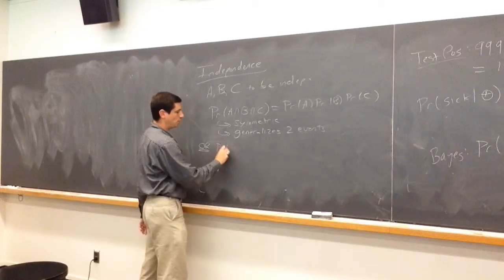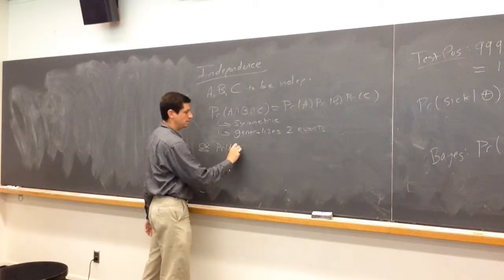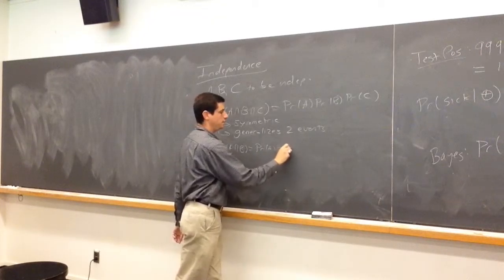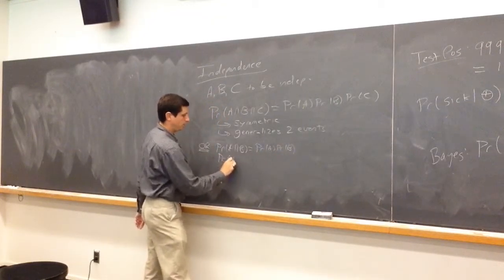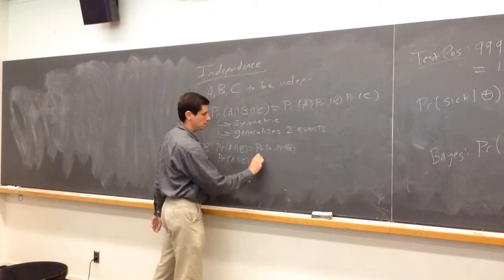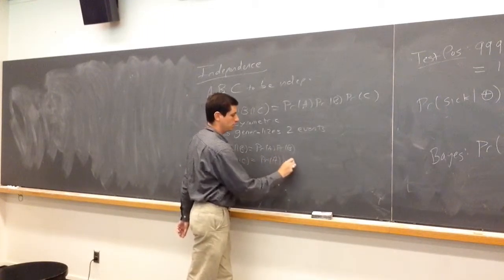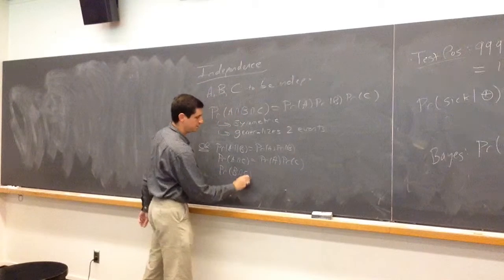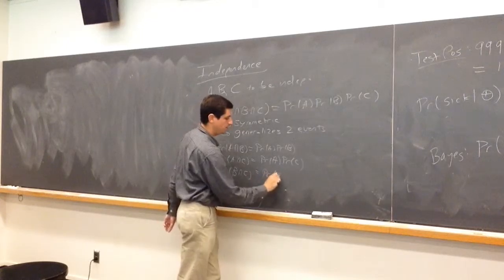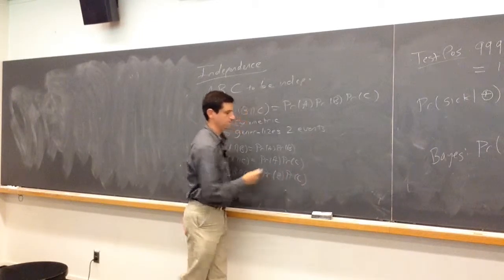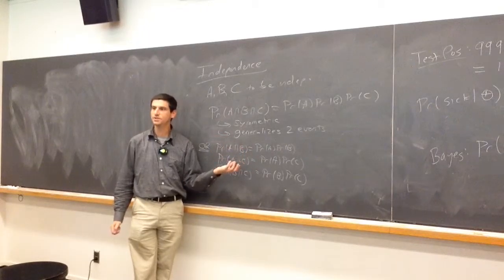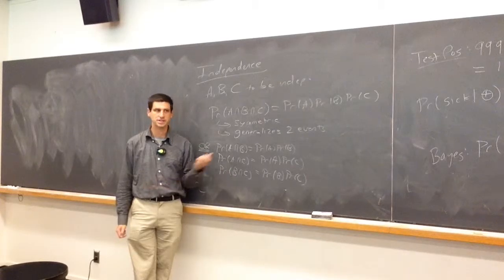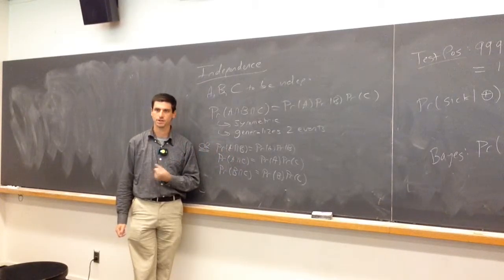Maybe we want the probability of A intersect B is the probability of A, probability of B. The probability of A intersect C is the probability of A, probability of C. And the probability of B intersect C is the probability of B, probability of C. That if 3 events are going to be independent, they should be pairwise independent. Does that seem like a good definition? It's symmetric.